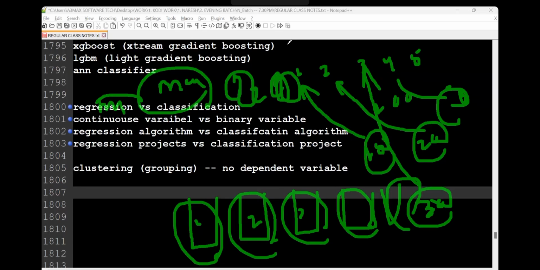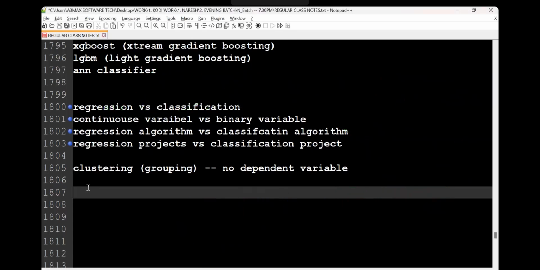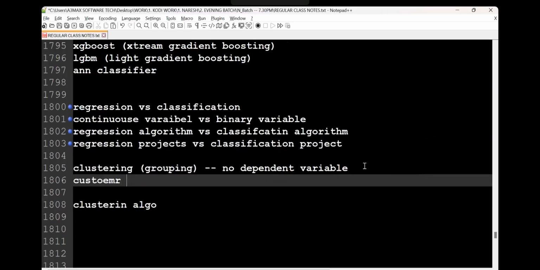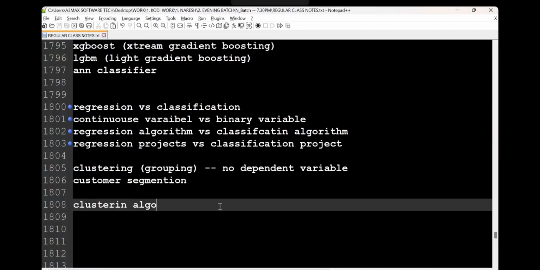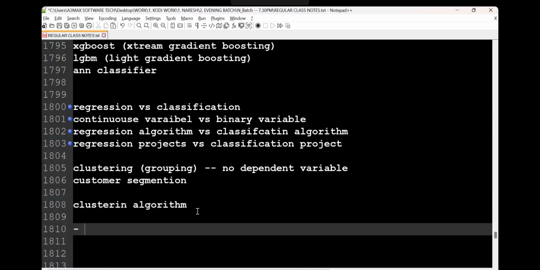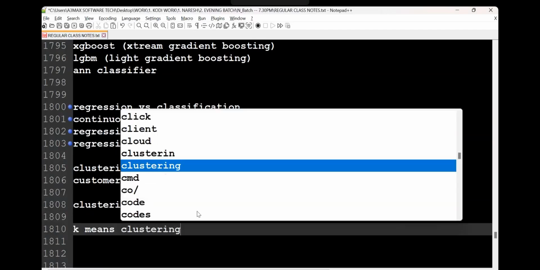All right, so let's have a look at this. Clustering algorithms. There are some projects like customer segmentation. What are clustering algorithms, guys? The first algorithm is k-means clustering.